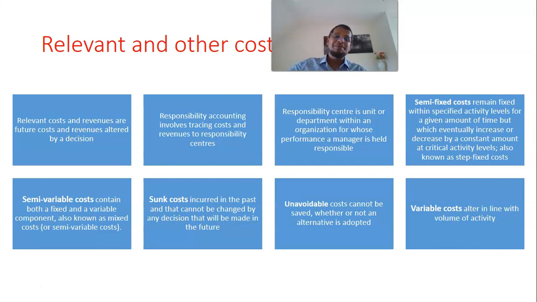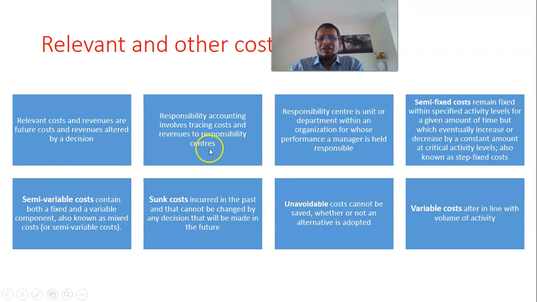So the cost we already spent for construction of the building, that is sunk cost. If you produce a product, you produced it already, so you can't change it now, right? It is now a finished product. You can't change it to raw material again, right? So the cost that you already spent for manufacturing the products, that is sunk cost, that you can't change. You already spent, already gone, all right? You can't change it by making any decision in future.